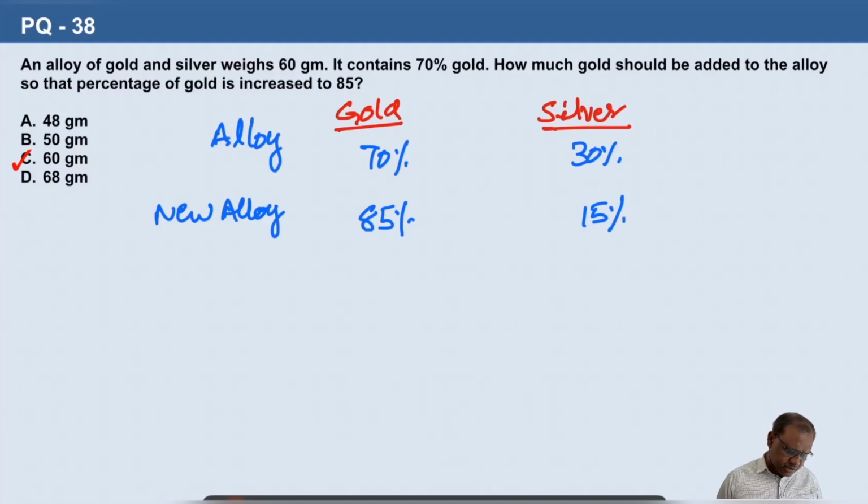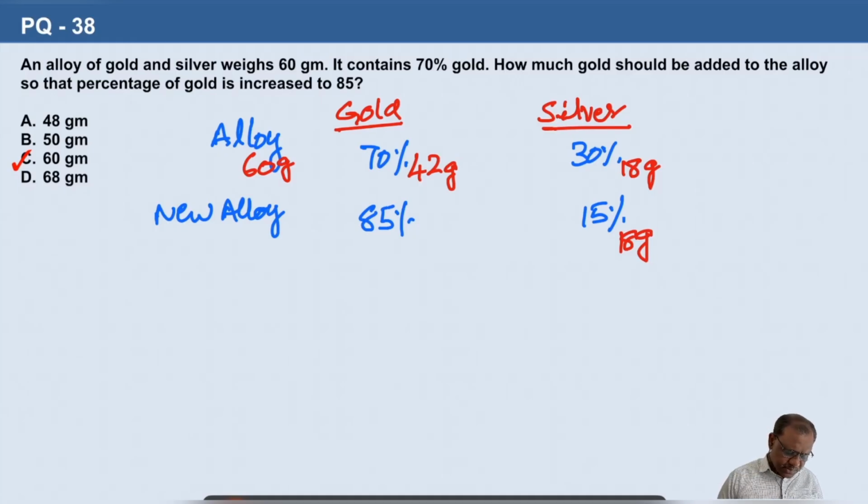Now initial weight of alloy is 60 grams. 70% is 42 grams. And 18 grams would be silver. So weight of silver is same in both new and old alloys. 18 grams.